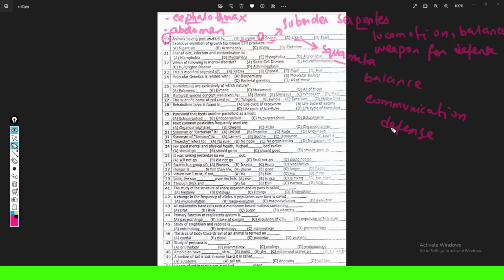But the most correct option is option B, snake. While toad is a member of amphibians, and they have a sturdy body with no distinct tail. So option B is the correct option.